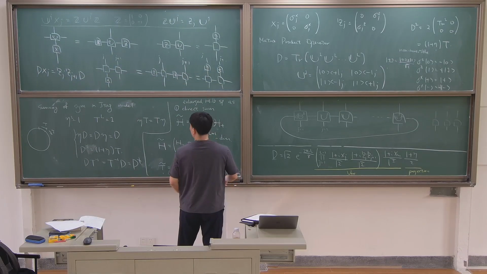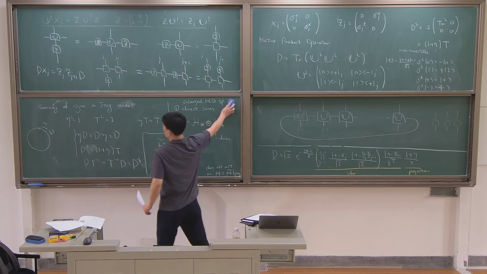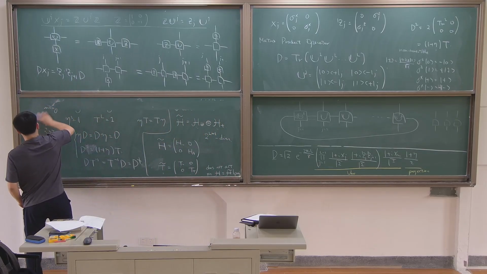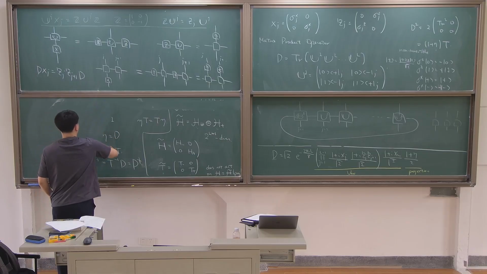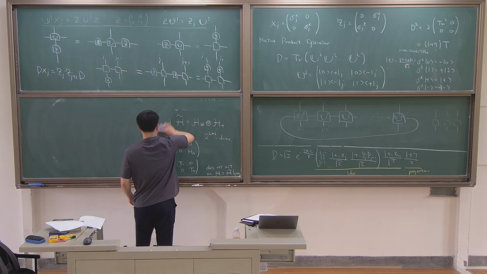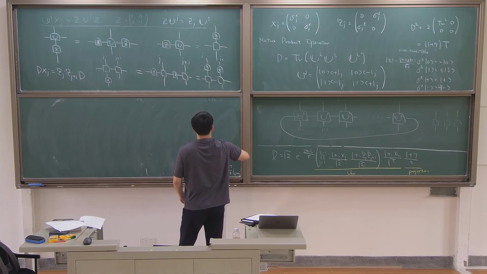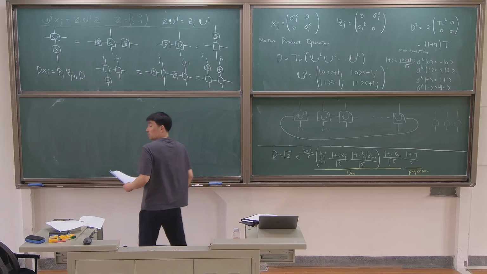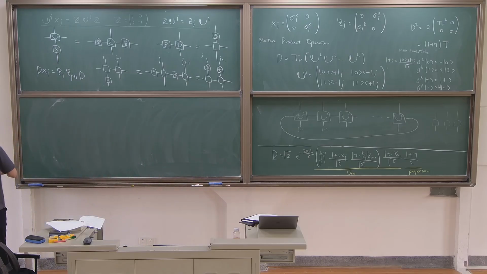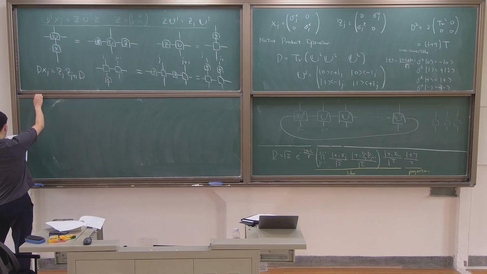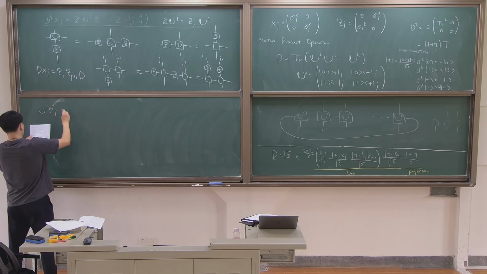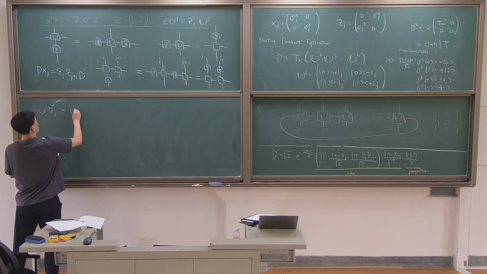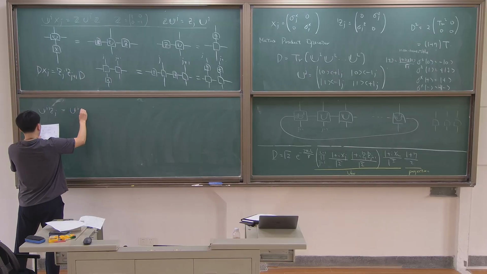Similarly, maybe I can erase here. So similarly, one can show the following thing. Zj times Uj is equal to Uj times something called x.